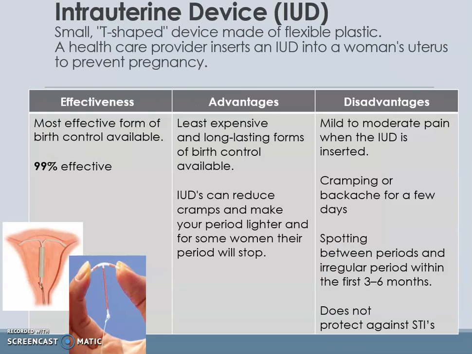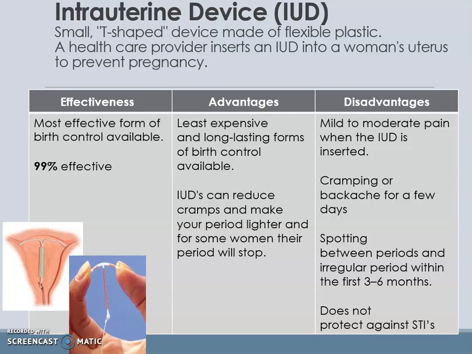The IUD is actually the most effective birth control method, and the least expensive because of the long term of it. So it is 99% effective, or more than 99% effective against pregnancies. It is literally just a T-shaped plastic piece that gets put into the uterus.